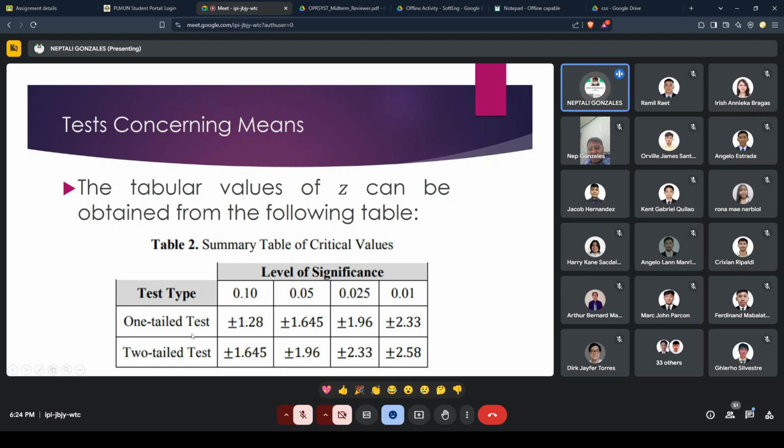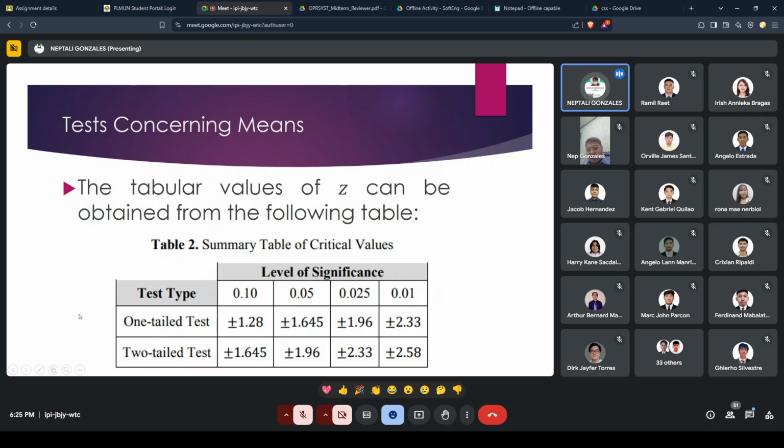If one-tailed test and 0.1 level of significance, 0.05, 0.025, and 0.01 level of significance, that is plus minus 1.28 for the one-tailed test, plus minus 1.645, plus minus 1.96, and plus minus 2.33. So these are all constants, hindi na nagbabago yan.